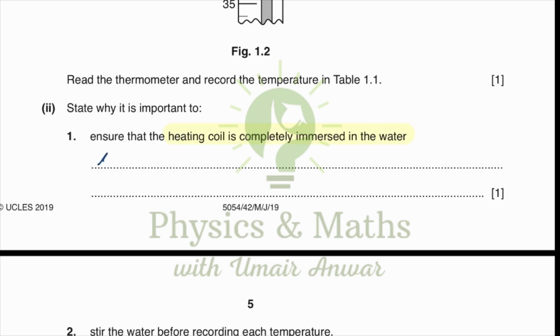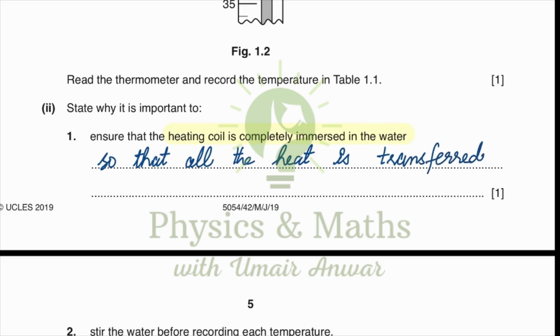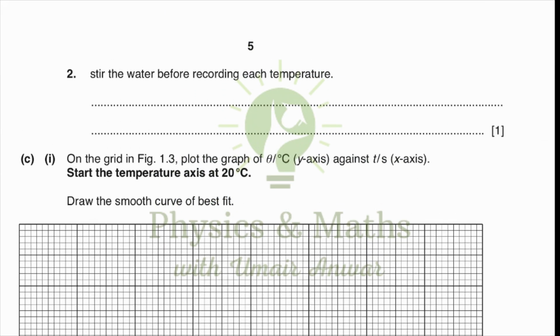So I'm writing so that all the heat is transferred to the water. That is why it is completely immersed in the water and no portion of it is left out of water.